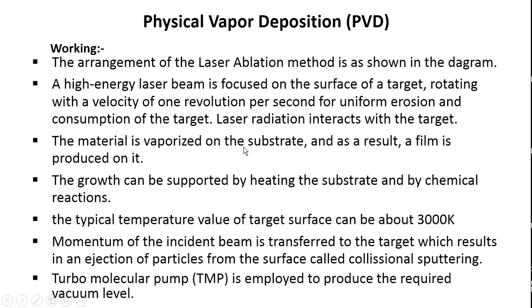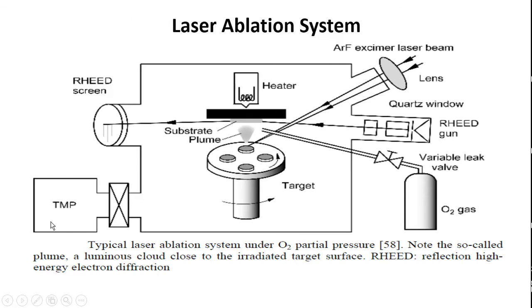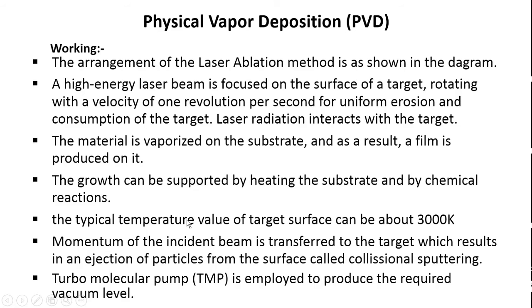The material is vaporized and, as a result, a film is produced on the substrate. The material plume is vaporized and made available to be deposited upon the substrate here. The growth can be supported by heating the substrate and by chemical reactions.